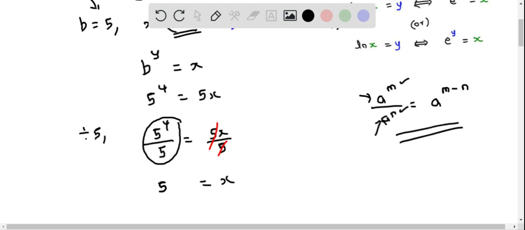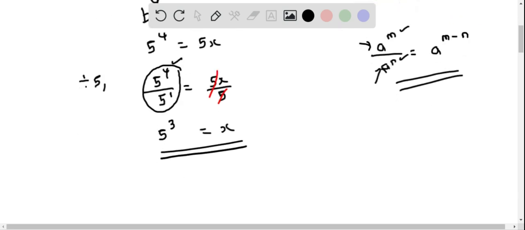That is 5 raised to the power of, the power here is 4 and the power here is 1. So 4 minus 1 is 3. So we have this value for x. X basically equals 5 power 3, which is 5 cube, and this equals 5 multiplied with itself 3 times. That is 5 times 5 times 5, which equals 125. So we found the value of x, which equals 125.